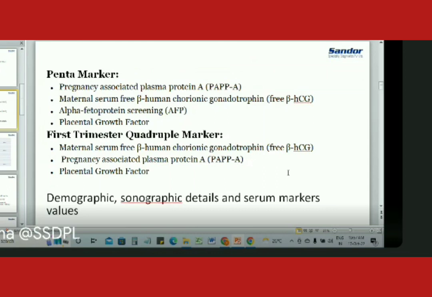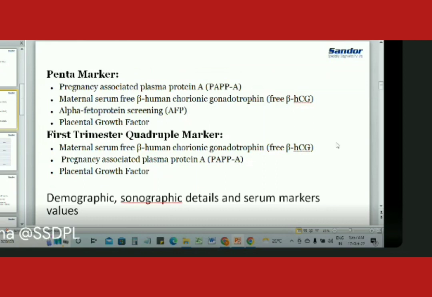Right. So NT, NB, and CRL, BPD. We keep asking for these details. Once we receive the sample, our technician keeps mailing you saying that we need the CRL value, we need the BPD value to calculate the risk, we need the NT value, or we need NB.